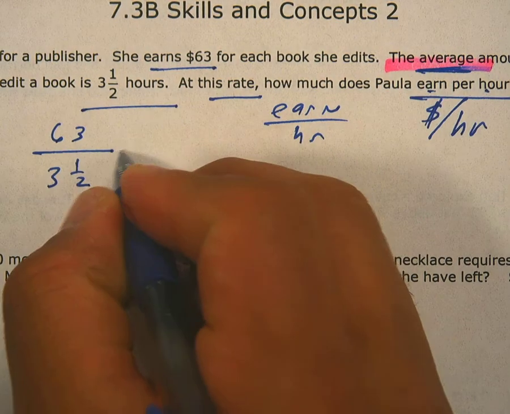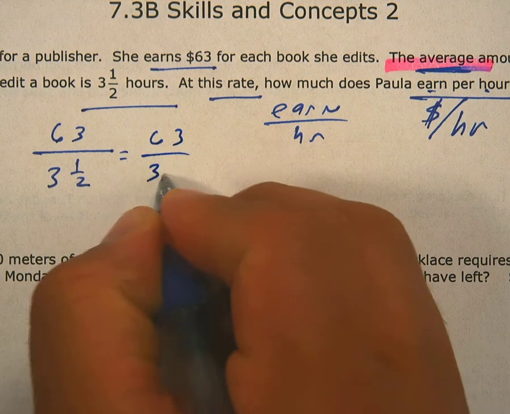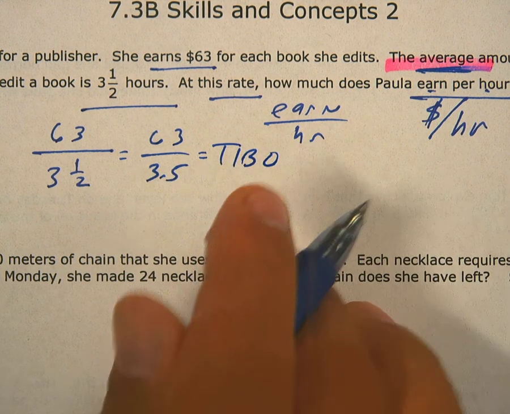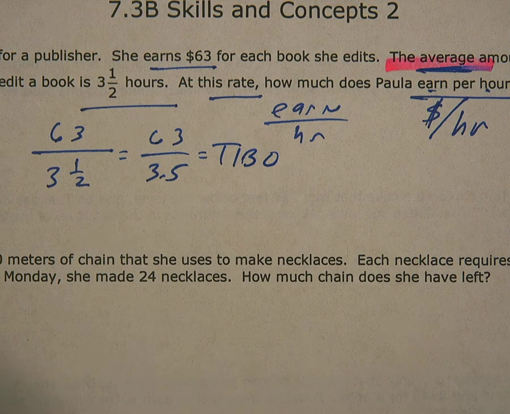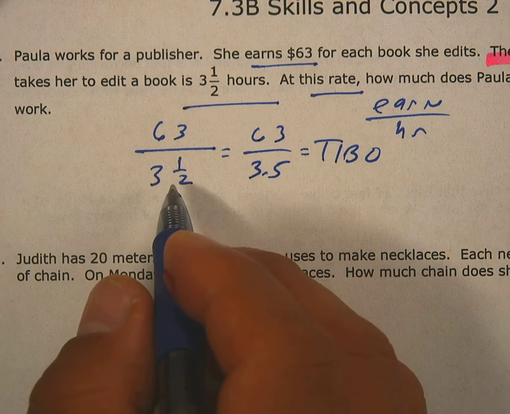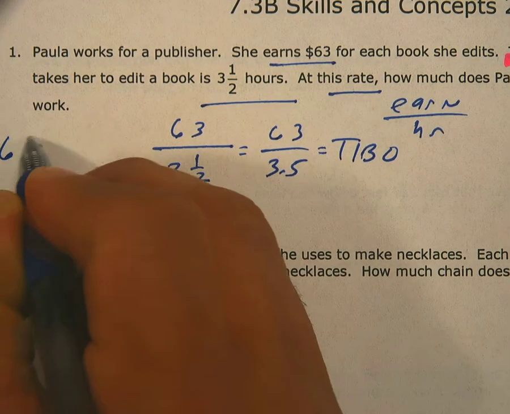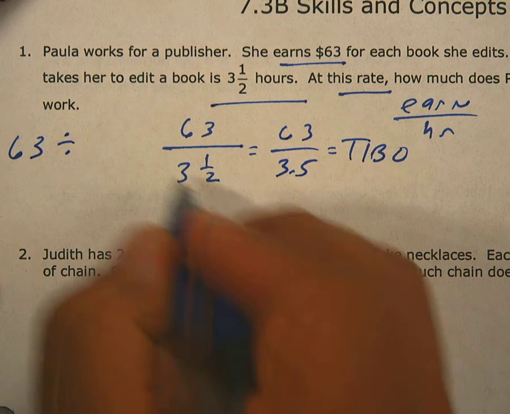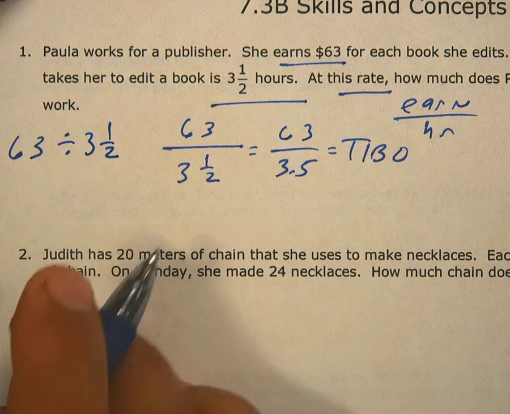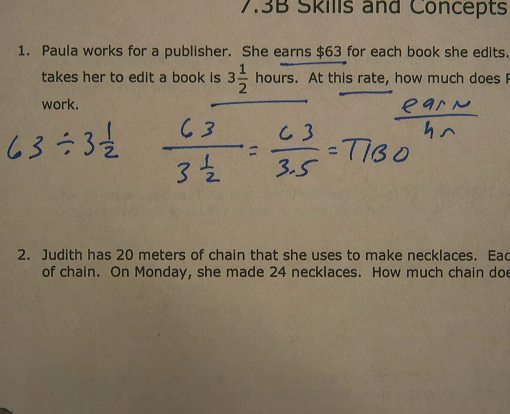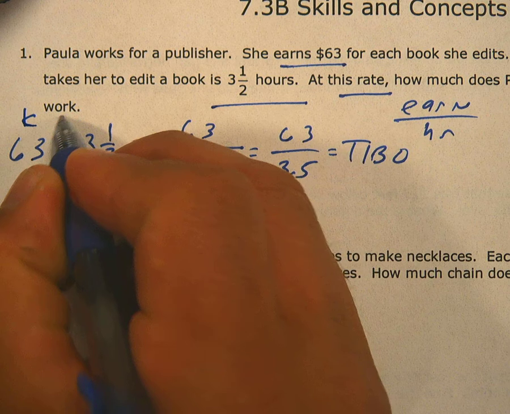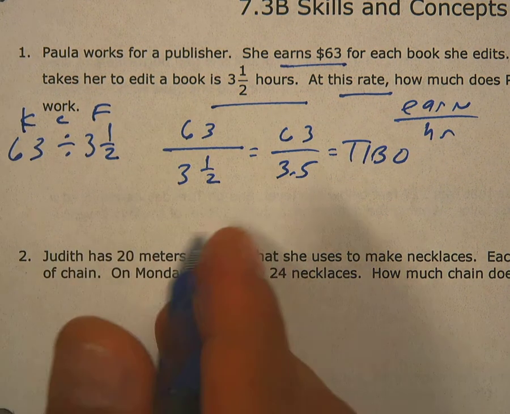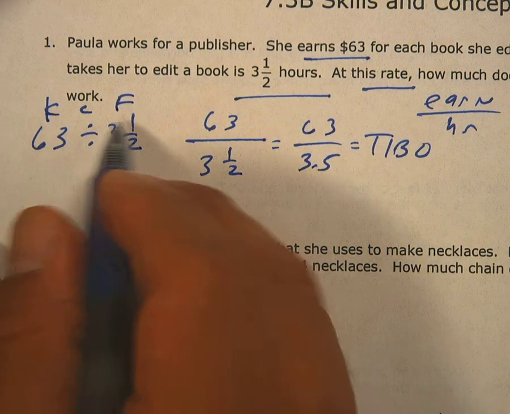You can do this quite a few ways. You can convert this to a decimal, and then we can use table to get the answer. Or you can leave it as a mixed number, and divide this way by using KCF, which a lot of you know means keep, change, flip, but you must have fractions on both sides.